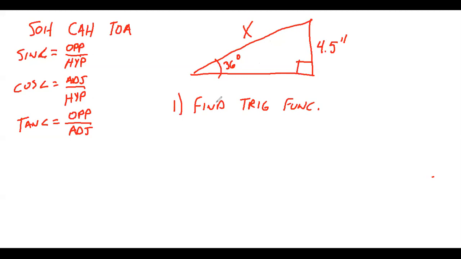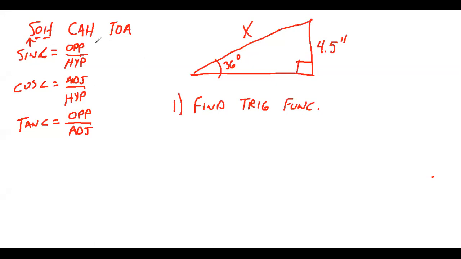In this case, we're given an angle and one of the sides. But no matter what scenario, it's always relative to the angle. Relative to the angle, what are the other two things? Relative to this angle, we have an opposite and a hypotenuse, so we're using sine, right?